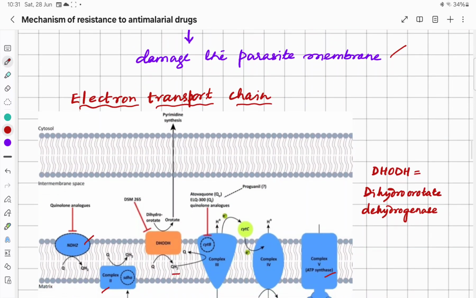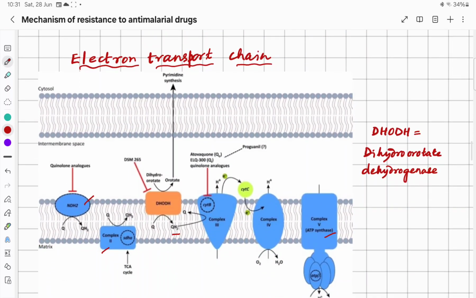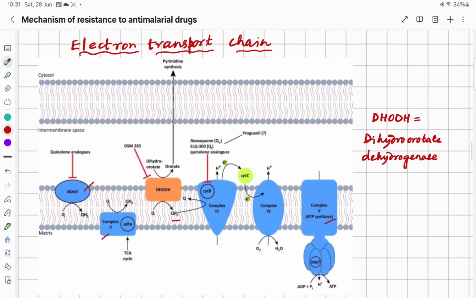Then we'll go to the electron transport chain. The electron transport chain, we know, is required for the synthesis of ATP, and it consists of the dehydrogenases, complex 2, coenzyme Q, then complex 3, the cytochrome bc1 complex, complex 4, and the ATP synthase enzyme.